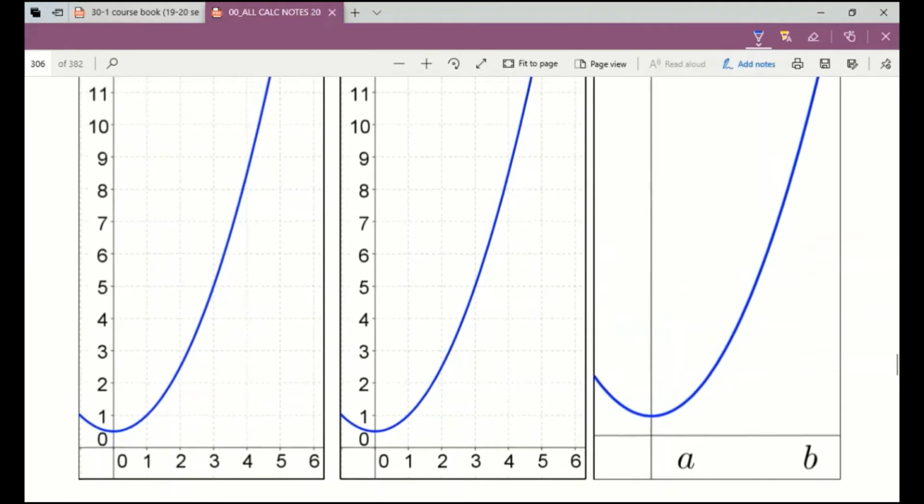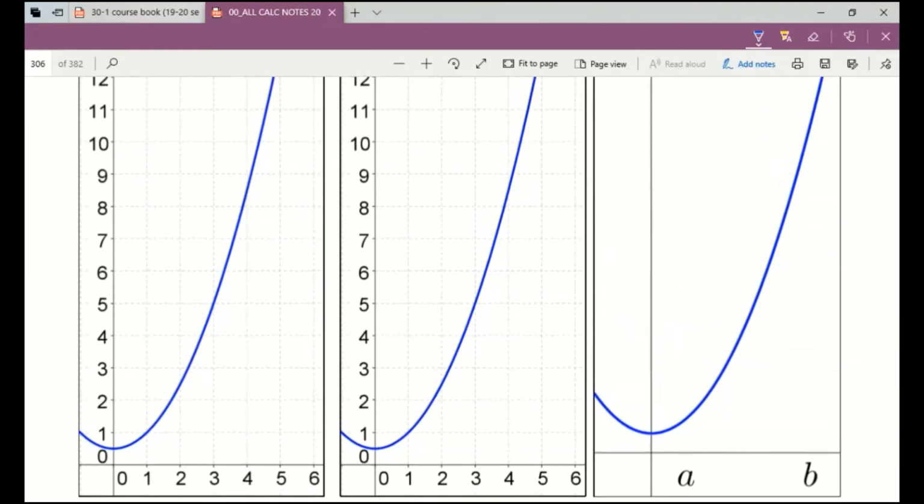We want to find our area between 1 and 5, so from here to 5, and we're wanting to find our area under that curve and above the x-axis. We're going to start this off by making rectangles.